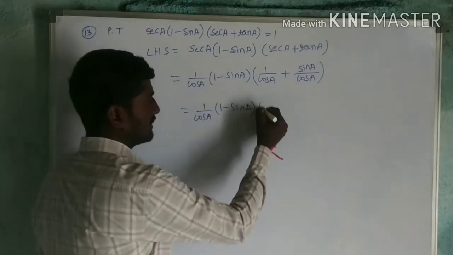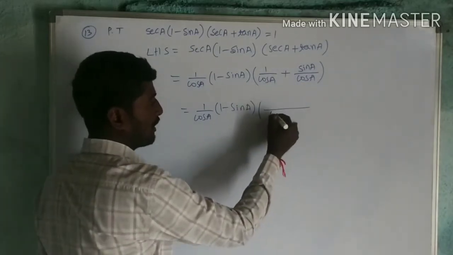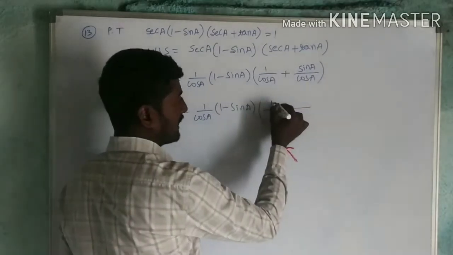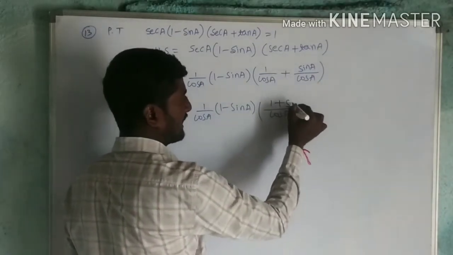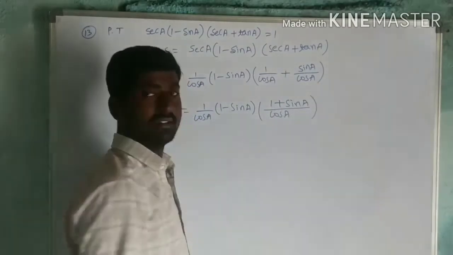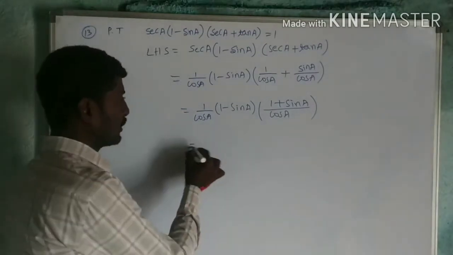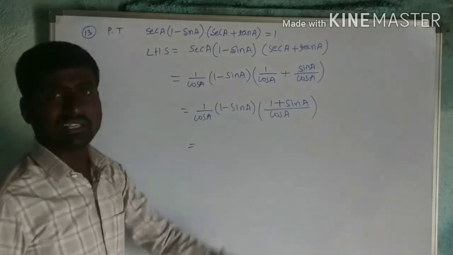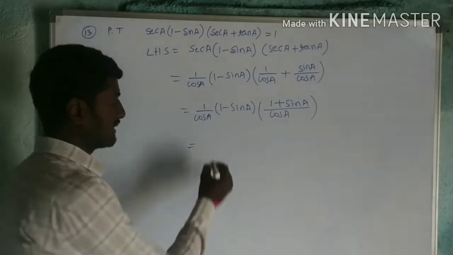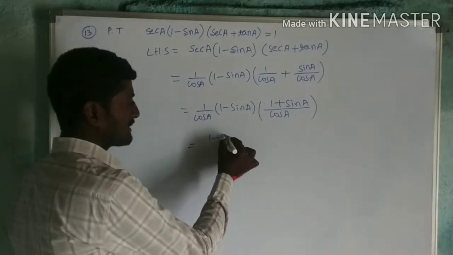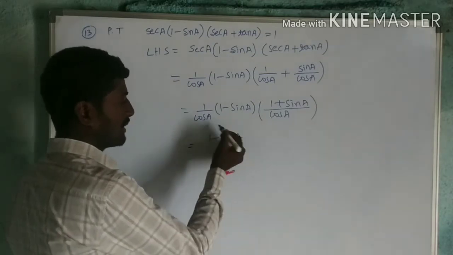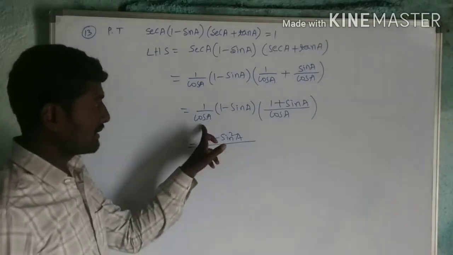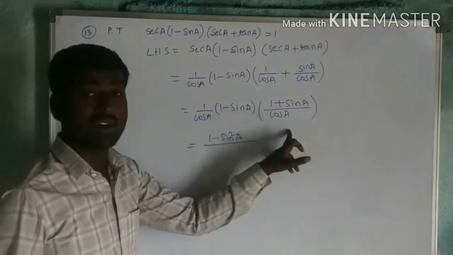Now here the LCM will be cos A. Now numerator what will be there? (1 plus sin A), (1 plus sin A). Okay. Now this is equal to (A minus B) into (A plus B), that is A square minus B square, that is 1 minus sin square A. 1 square is nothing but 1 only, divided by, here it is not LCM, cos A into cos A it is.